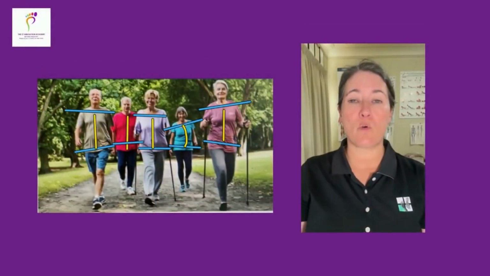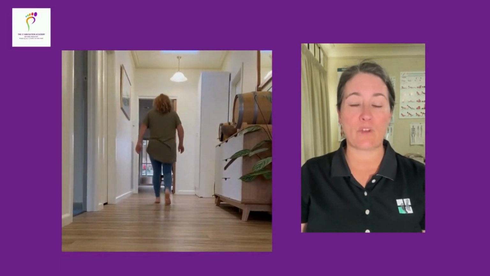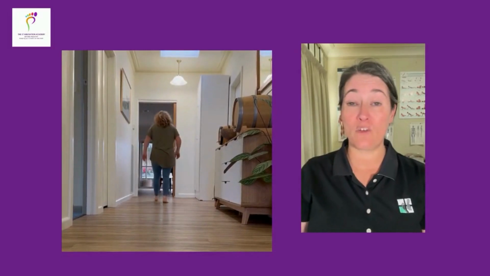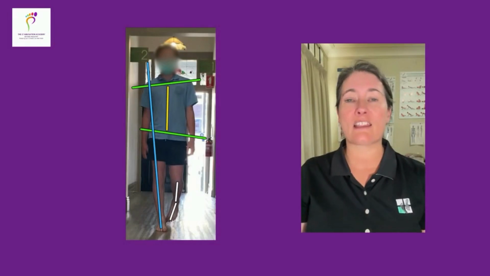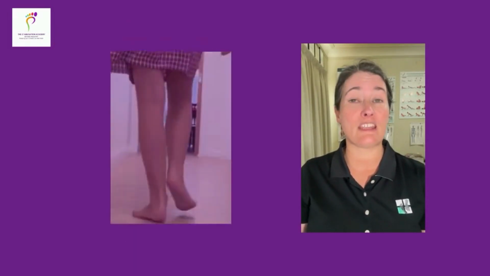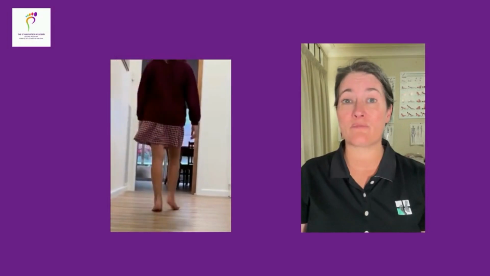Now let's assess walking patterns. Step 1. Watch your client walk at their normal pace. What do you notice when they're walking? Make sure you talk to them during this, because if they're talking, they won't change their gait. Look for red flags like internal rotation of the legs, the knees or the feet turning inwards or even outwards.